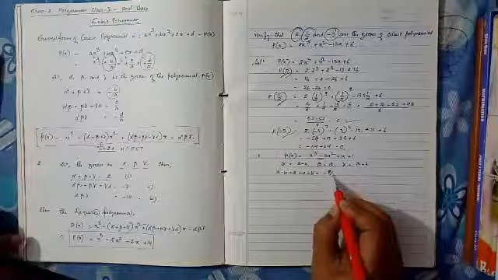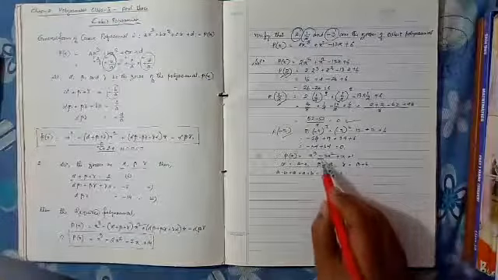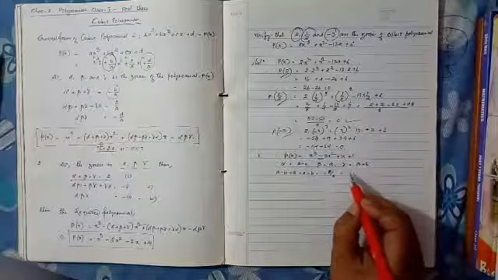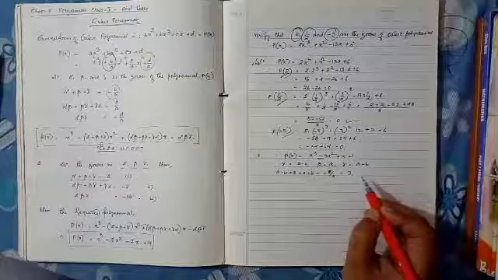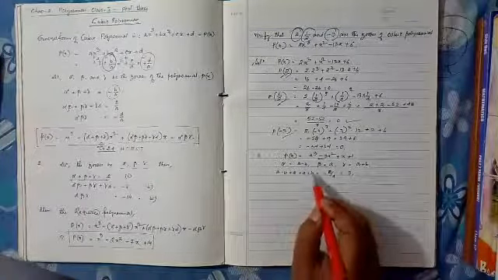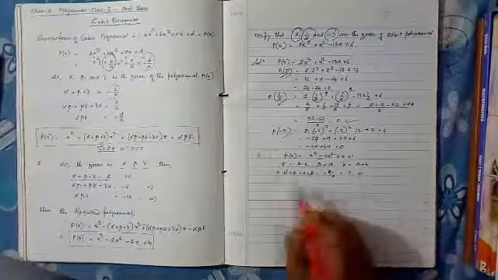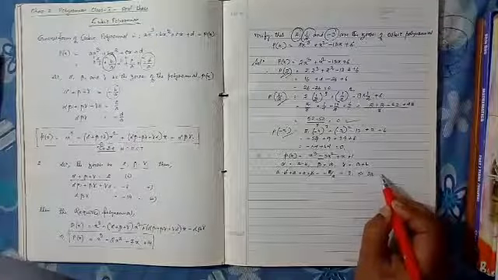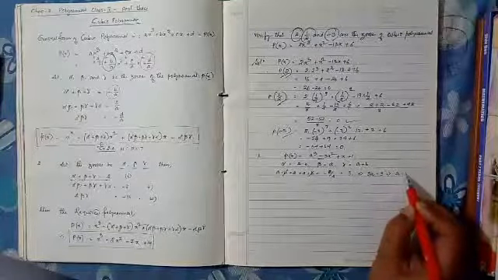That is equal to, b is what? Minus 3. So it is 3 by 1, that is 3. So we have plus b minus b cancels. This implies a plus a plus a, 3a is equal to 3. This implies a is equal to 1.